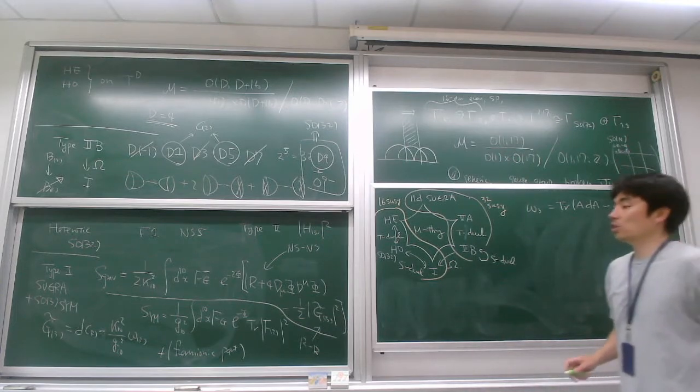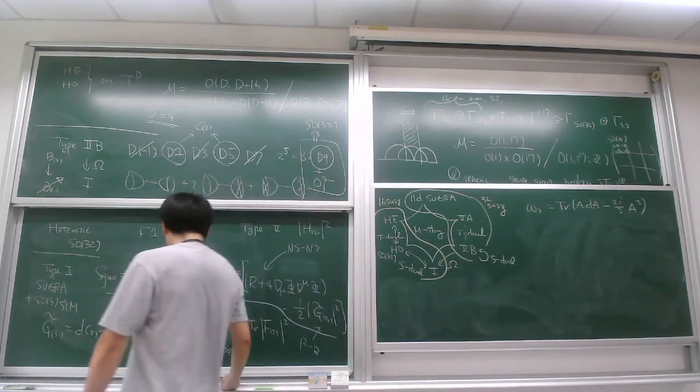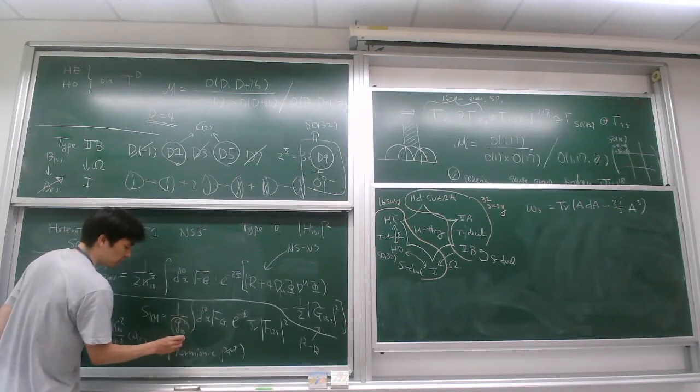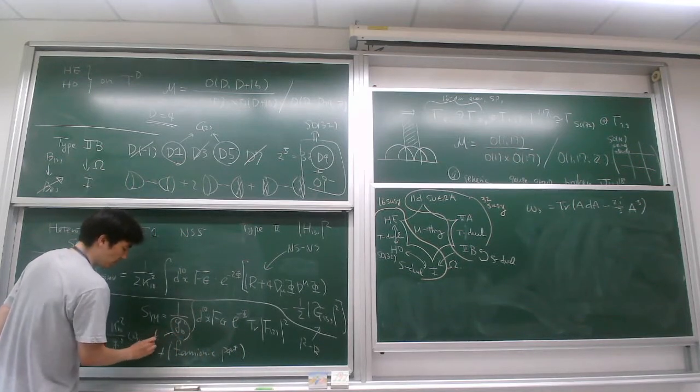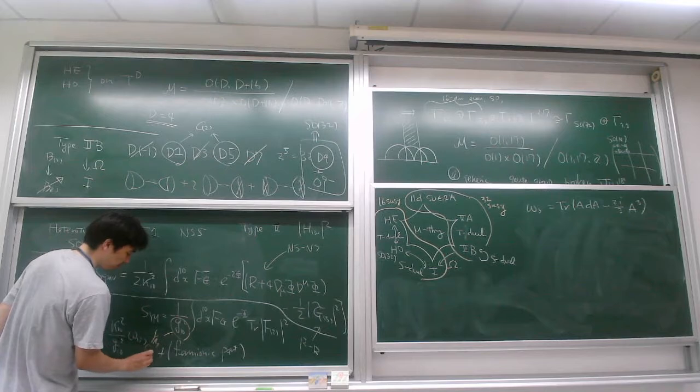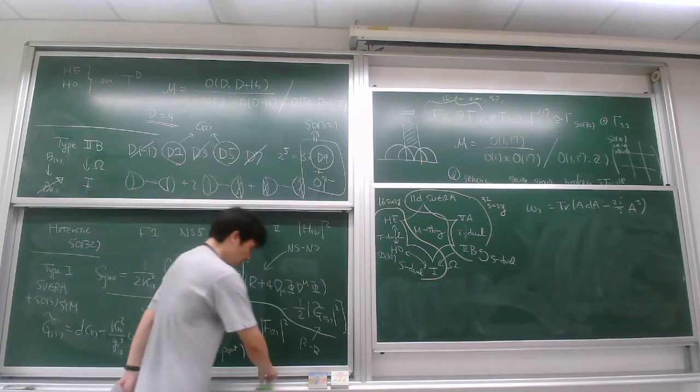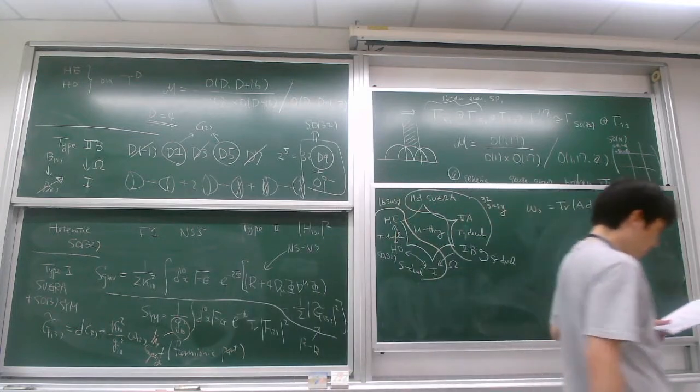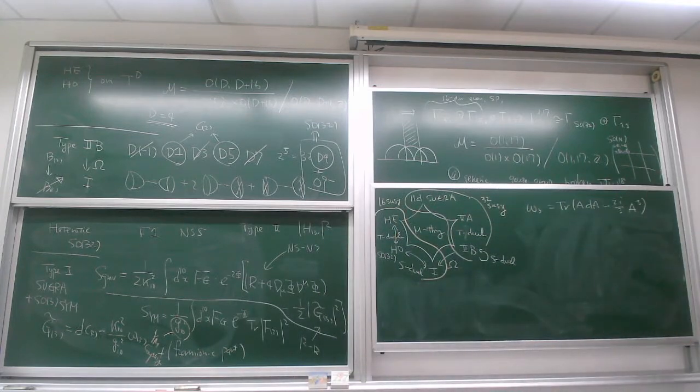So this g10 is the Yang-Mills coupling constant. Okay, so that's what we have.